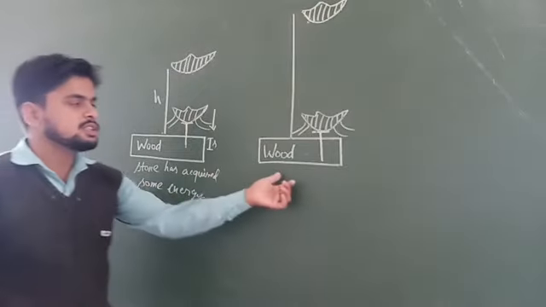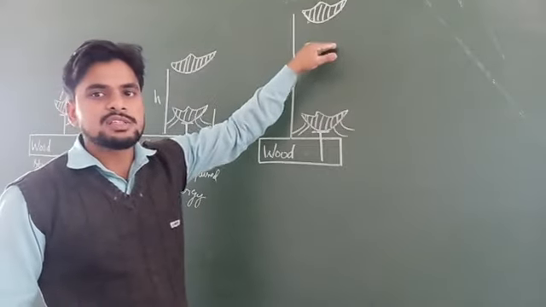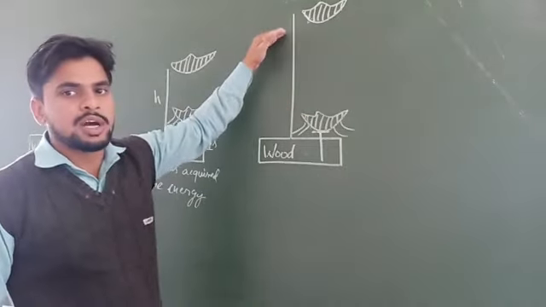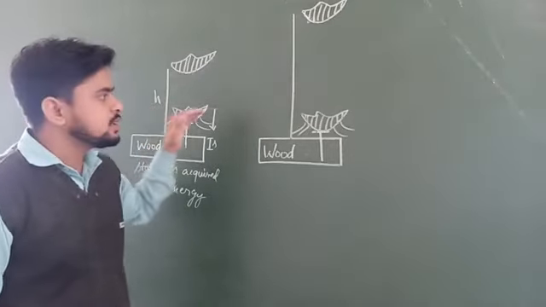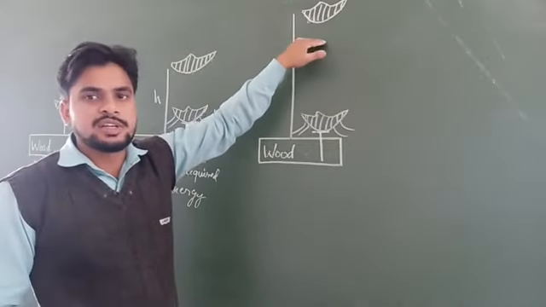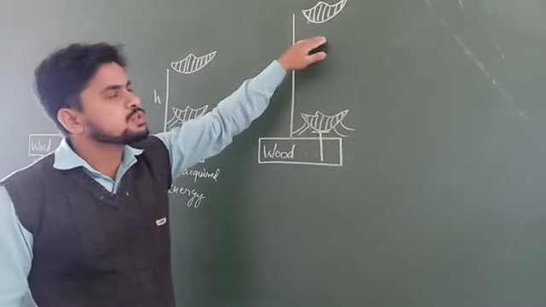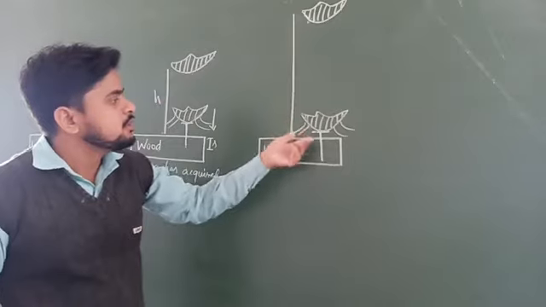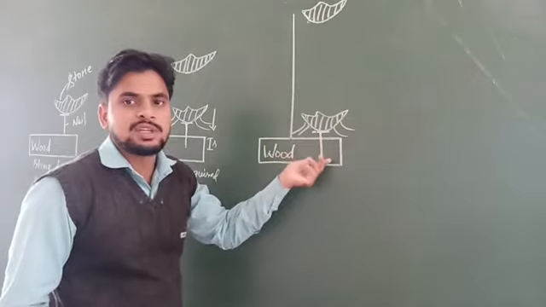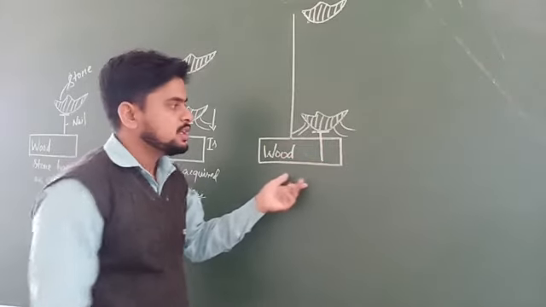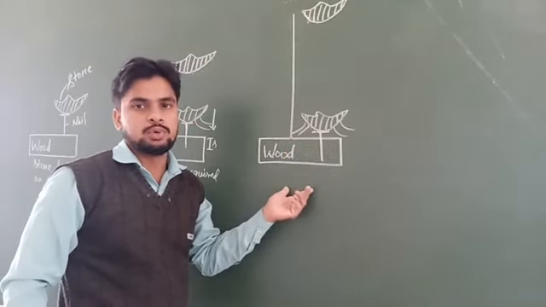Now students, let us consider the third situation. In this situation you observe that the stone is raised again through a greater height. If you compare this with the second one, the height through which it is raised is more. And when it is released, the stone has more capacity of doing work, because the nail is displaced by a greater distance into the wood.